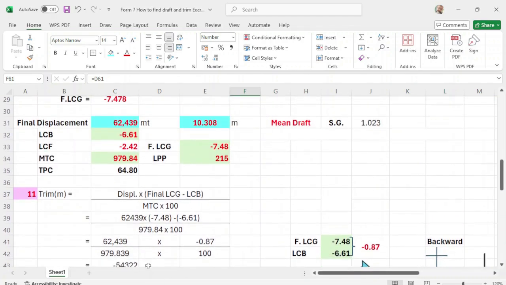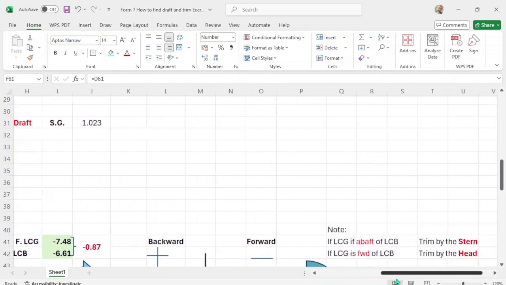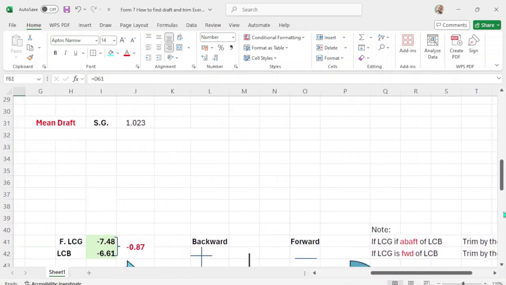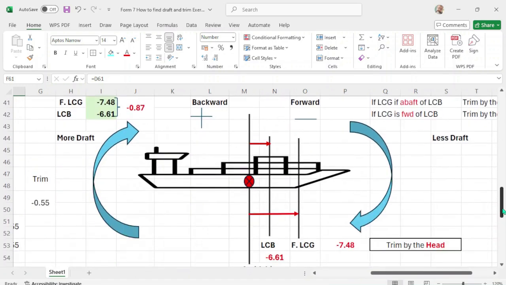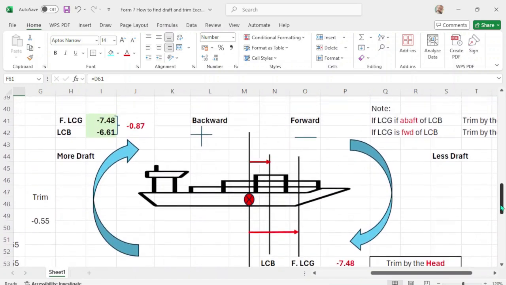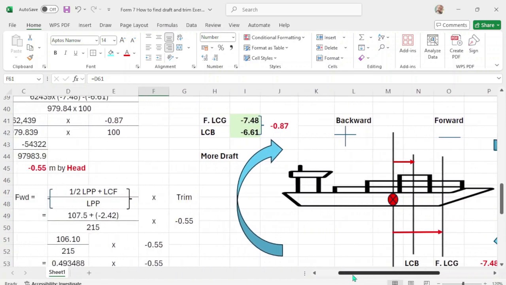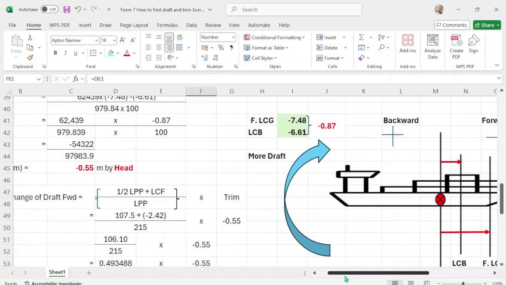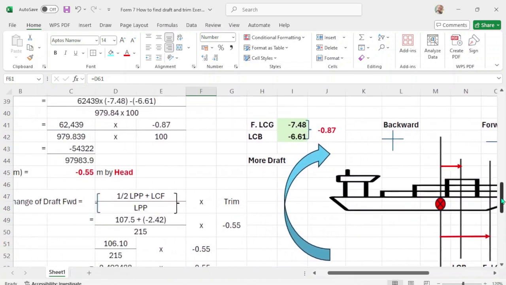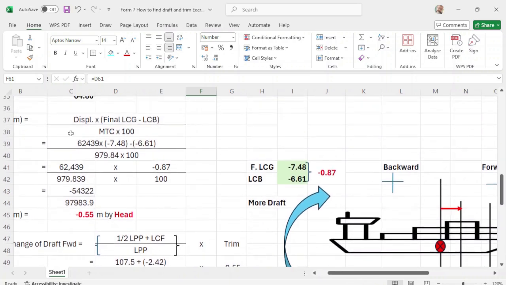Okay, take note of this one. I have a figure here. Take note that your final LCG is negative 7.48, which is this one.